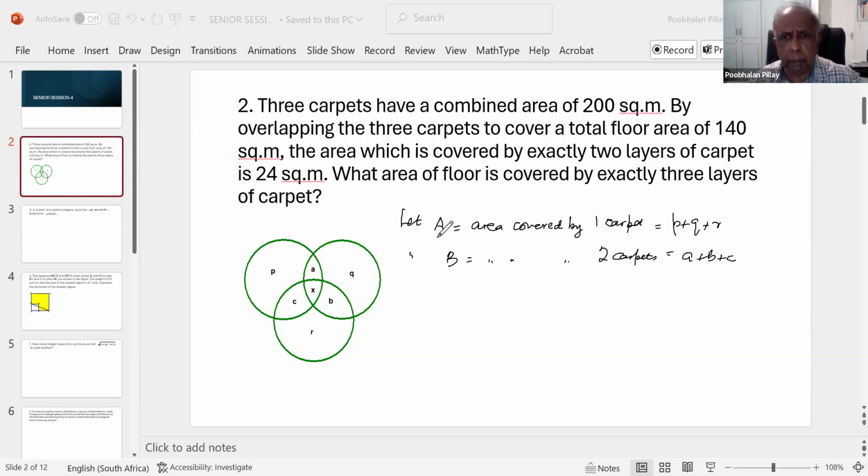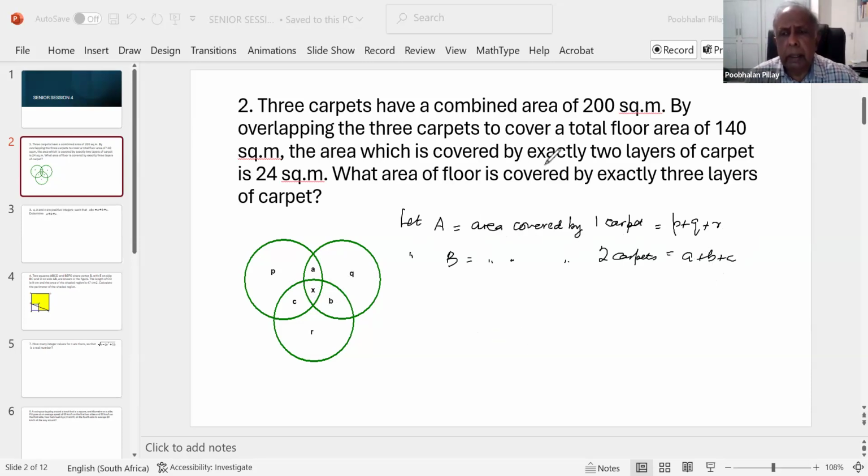So I've now reduced the problem to just 2 unknowns, A and B, and you've got 6 symbols used here. And altogether, we've got 7 symbols here. So the only other symbol which hasn't been used is X.